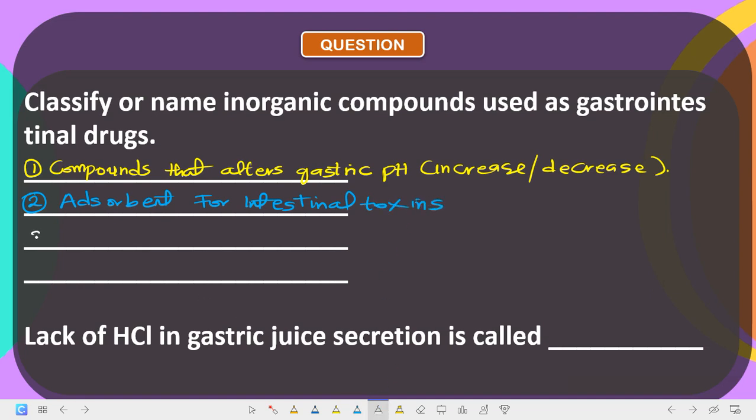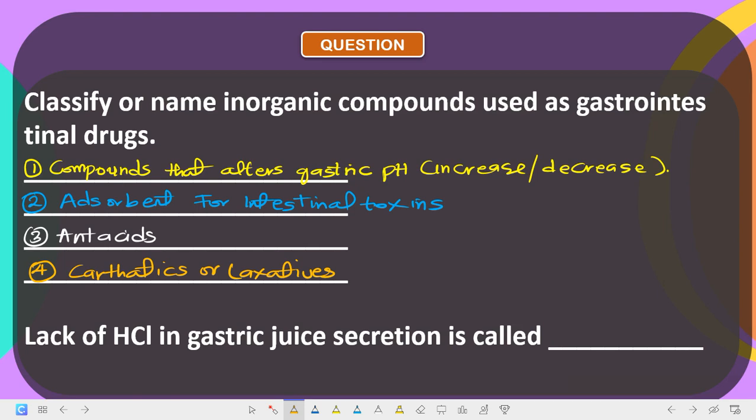Then we have three, antacids, and then finally number four, we have cathartics, or laxatives. I don't know if my spelling is correct. So these are the four classes of inorganic compounds used as gastrointestinal drugs.